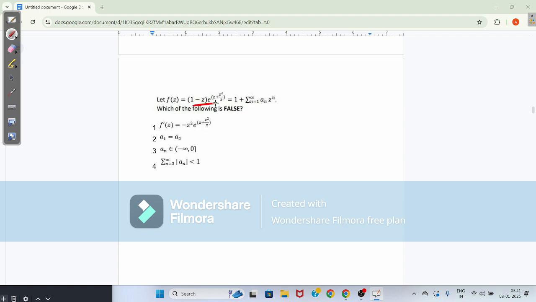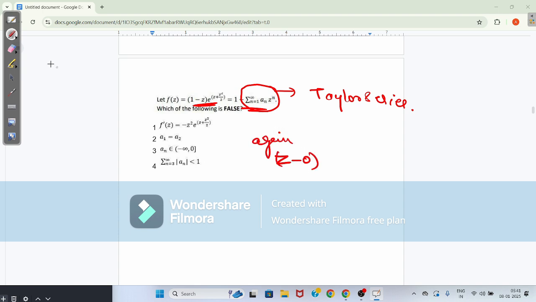Now here, given f of z is equal to this. By this value, what you can say is that this is of the form of a Taylor series. So this can be written as z minus 0 whole power n into a n, f power n factorial, by 1 factorial into 0.